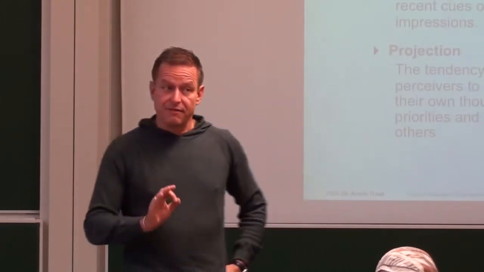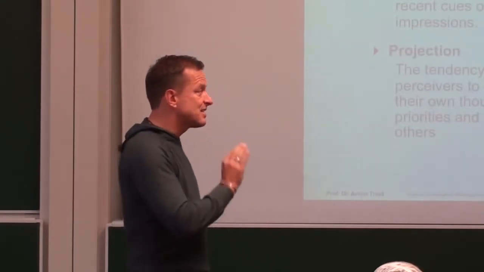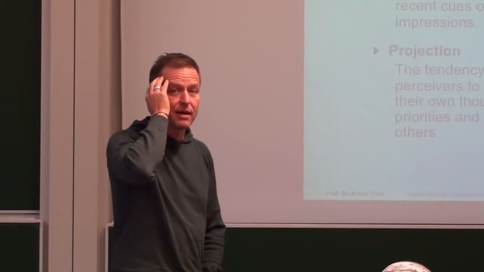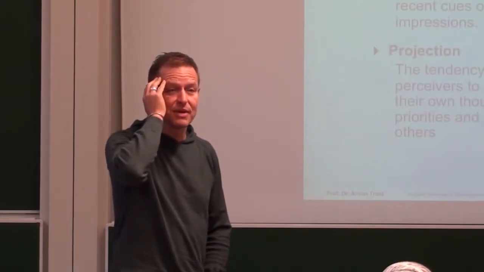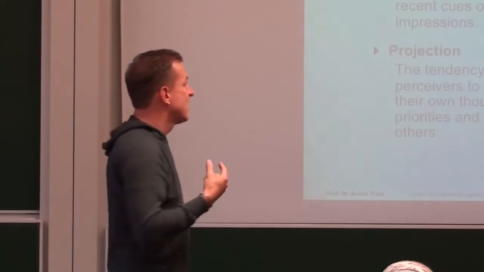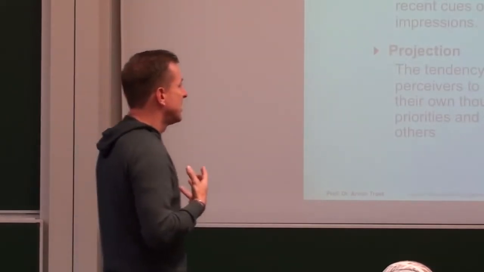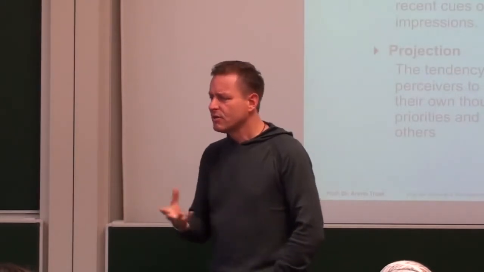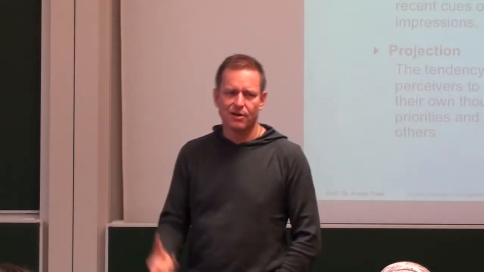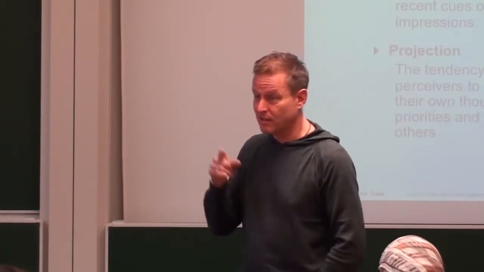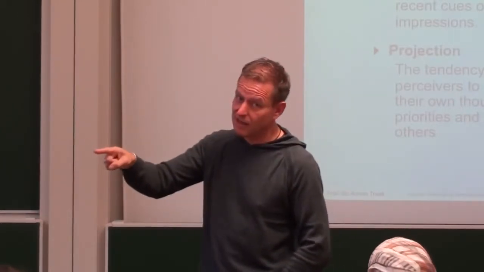But also the recency effect. This is the last thing I've experienced about a person that stays in my mind. The last sentence somebody said, the last observation, that stays in my mind. Then projection. What is that? You have a manager who really takes care about the outfit, who really looks at the outfit of the candidate.